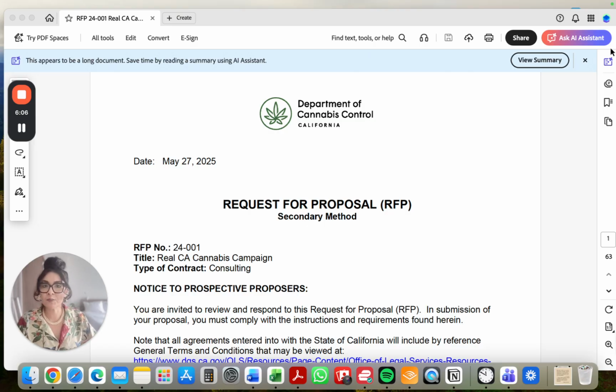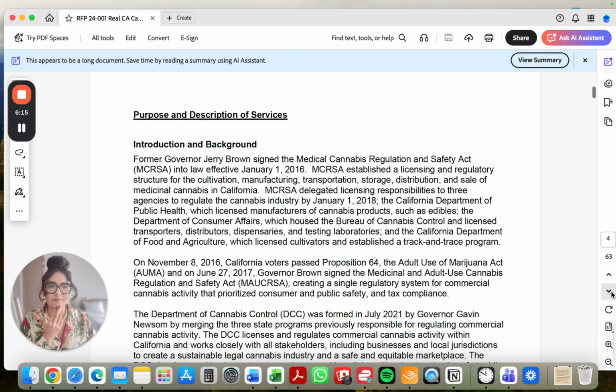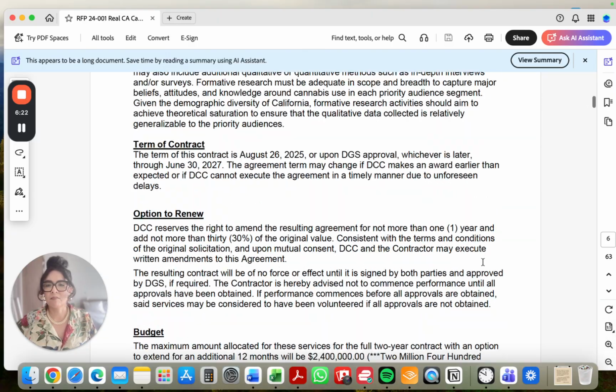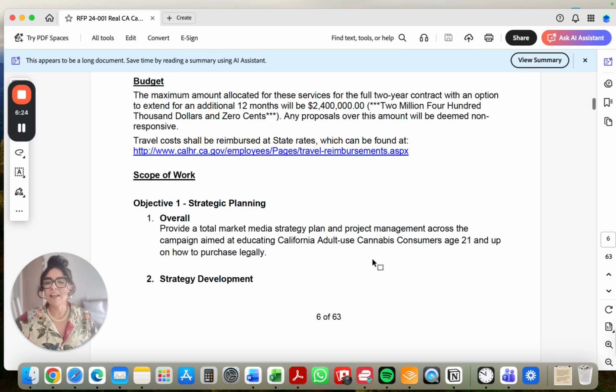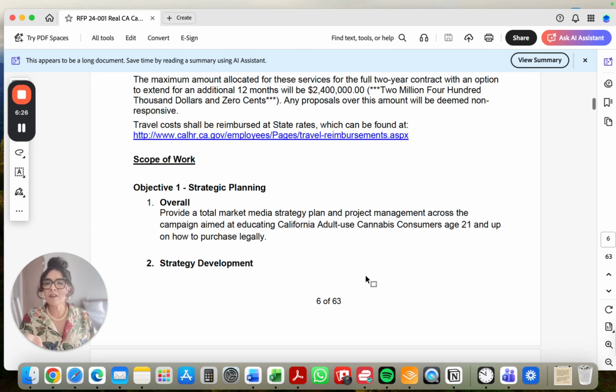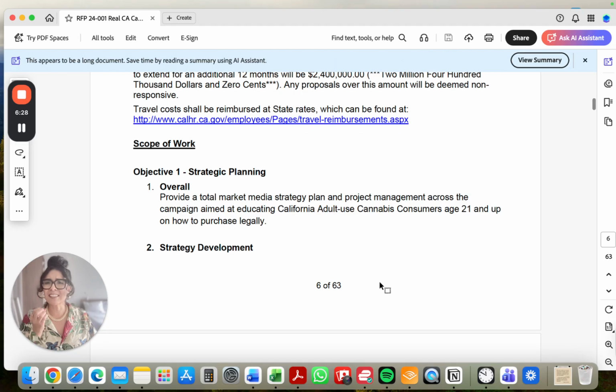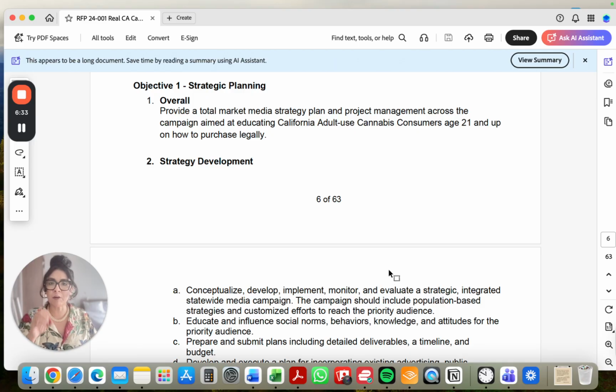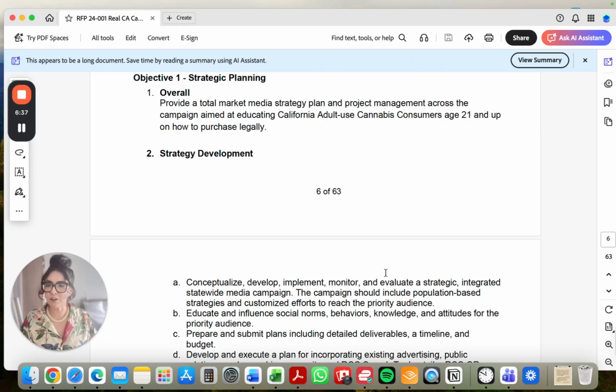We'll go over this one, and I'll start off with the statement of work, which is on page 6. They call it a scope of work. My note for the statement of work or scope of work is to review it and make sure you are mirroring this language and including it in your technical writing.